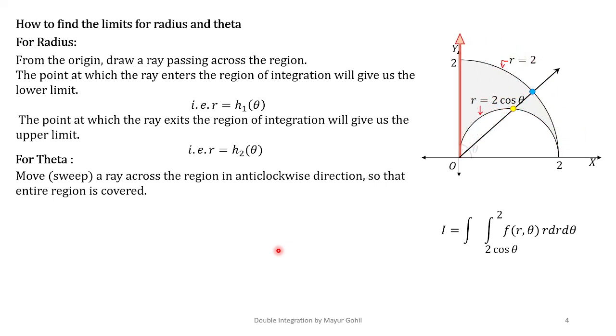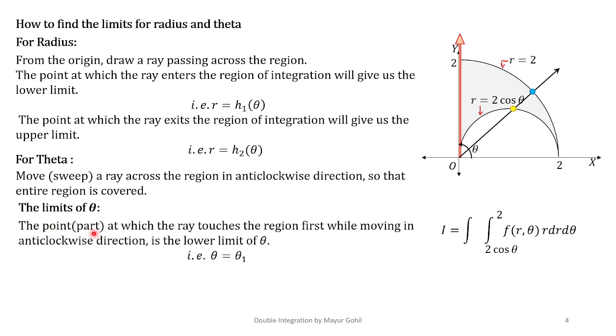This is how you sweep the region. The point at which the ray touches the region first while moving in the anti-clockwise direction is the lower limit of theta. We can see that it started from 0 degrees, so the lower limit of theta is 0.